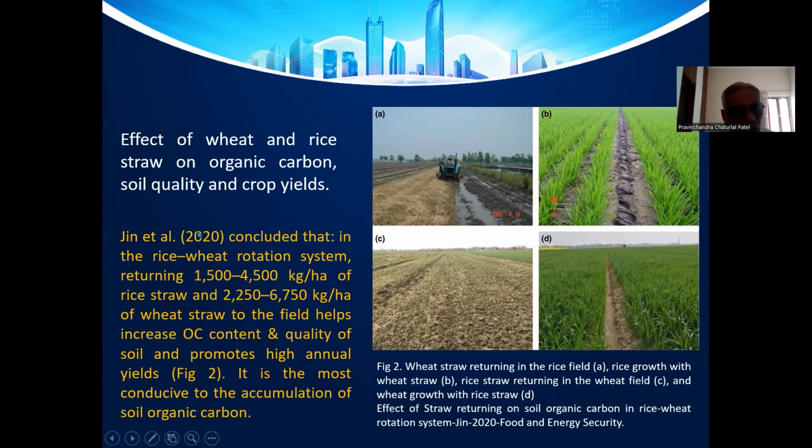One scientist, Gen H. and coworkers, 2020, concluded that in the rice-wheat rotation system, returning 1,500 to 4,500 kg per hectare of rice straw and 2,250 to 6,750 kg per hectare of wheat straw to the field helps increase organic carbon content and quality of soil and promotes high annual yield. So as I told you, figure 2 is the most conducive to the accumulation of soil organic carbon. So you can see the important role of organic carbon in soil.